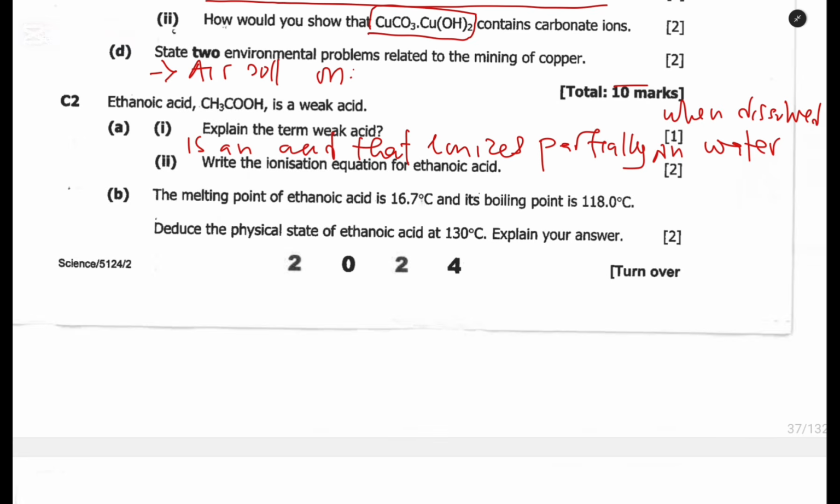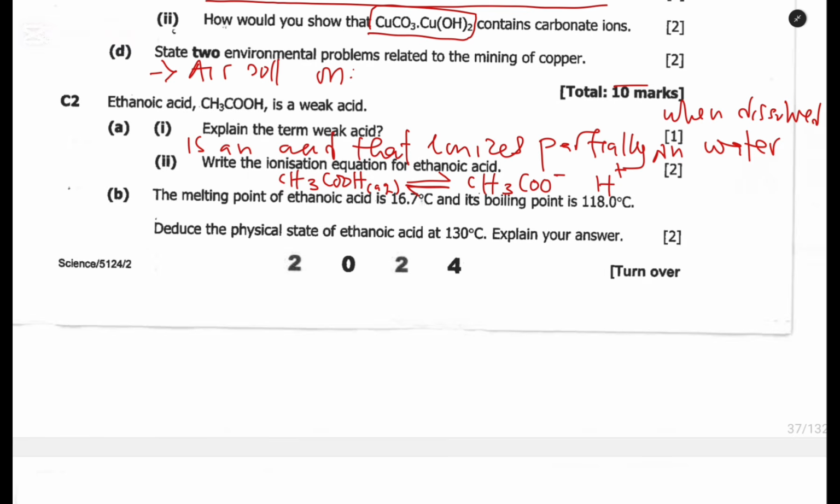Then the second question of A: write the ionization equation for ethanoic acid. Ethanoic acid is this, in aqueous state. To show ionization, since this is a weak acid, the ionization is reversible, resulting in the ethanoate ion and of course the hydrogen ion. As you know, the main characteristic feature of an acid is the hydrogen ion.